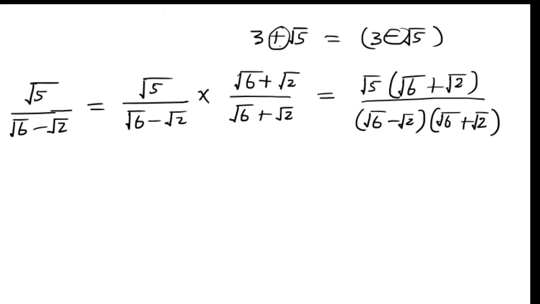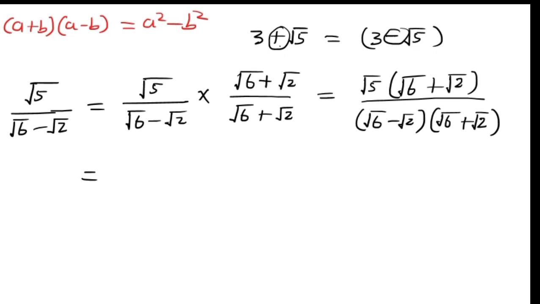Okay, there is a property that will help us to rationalize this denominator. We have a property that says that if we have a plus b and a minus b, we simply have a squared minus b squared. So let's expand this bracket.